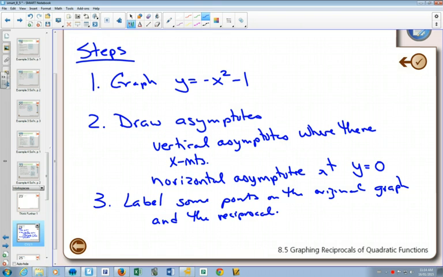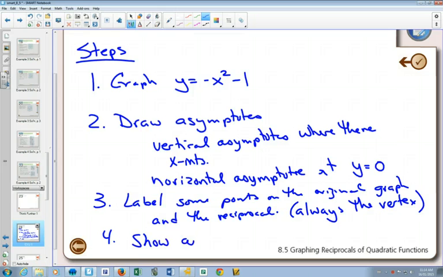No matter which one you're doing, you'll always do the vertex, because that's the lowest point or highest point on a parabola, so it'll be the lowest point or highest point on the reciprocal. And finally, number 4, we're going to show the asymptotic behavior.